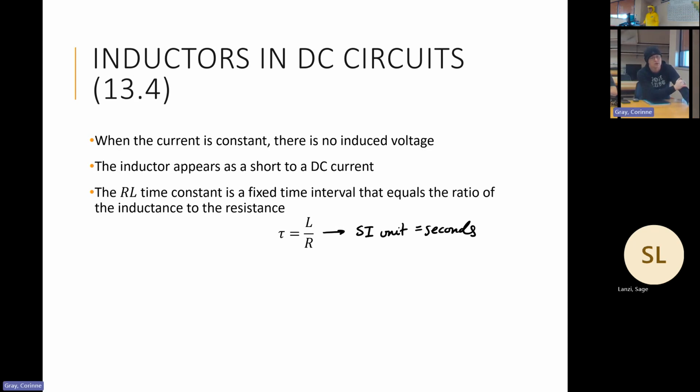How long it takes to charge? I don't remember. So the time constant for an RC circuit was relating to charging. For the RL circuit, it's going to be related to the value of the current, more so than the voltage.